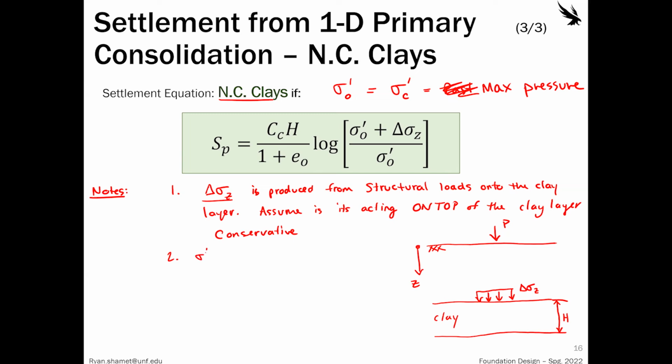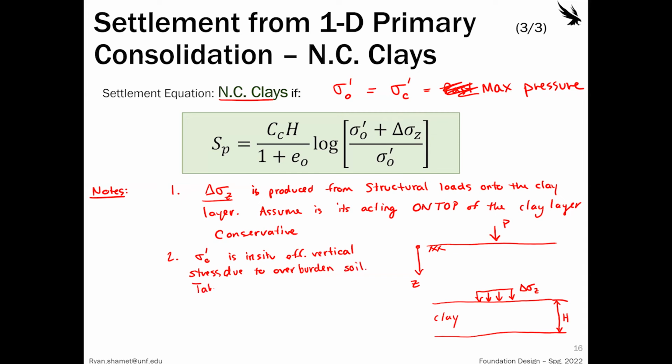The effective stress is the effective vertical stress. And this is due to overburden soil.